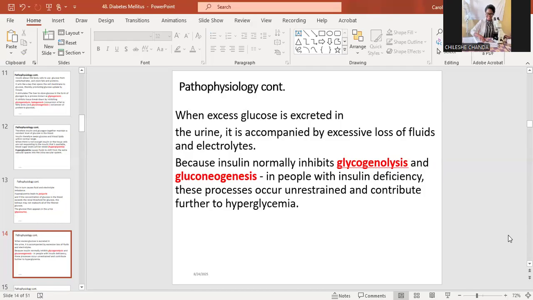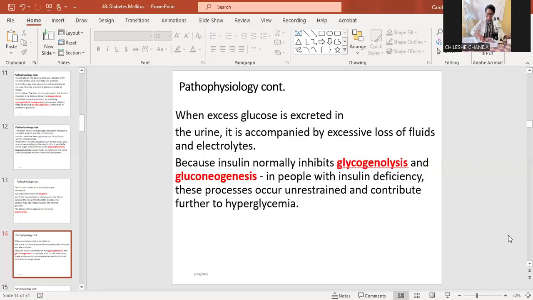The brain will interpret the fact that the cells are not taking up the glucose that the person is eating as if the patient is hungry, the patient has not eaten. Therefore, the interpretation will be that the body should now make sure it produces more sugars.